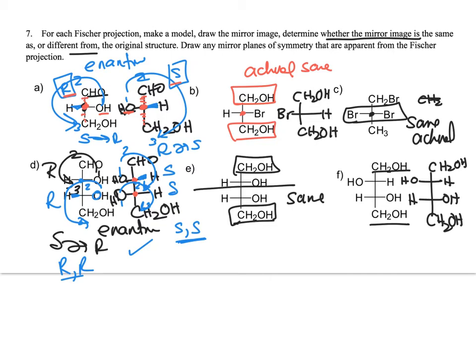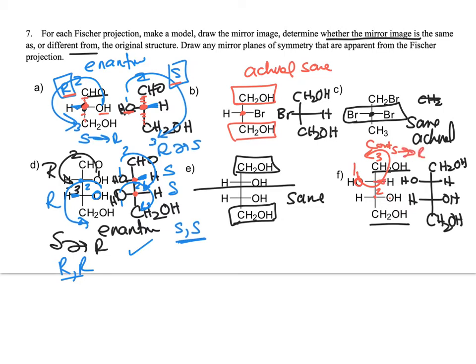And the best way to do this is to assign R and S. So there's 1. This would be CO. The C would be CO. That would be CO. And this would be CC. So this would be 2. This would be 3. So that's counterclockwise, which would be S, but your hydrogen's on the horizontal.